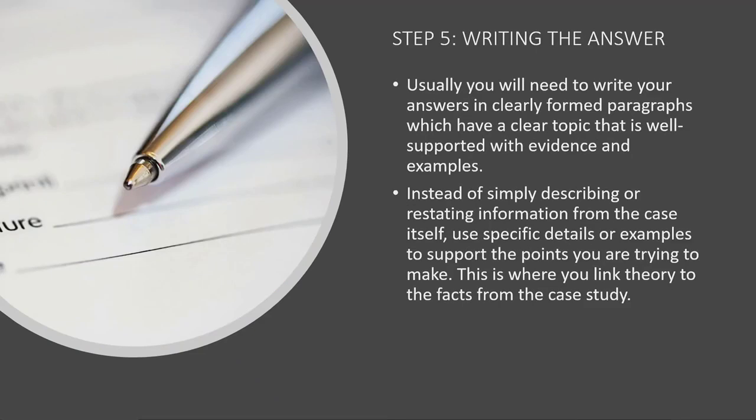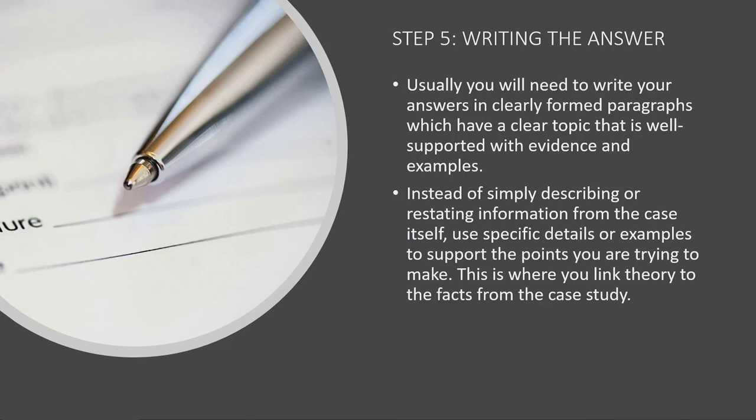Step number 5, writing the answer. Usually, you will need to write your answers in clearly formed paragraphs, which have a clear topic that is well supported with evidence and examples.